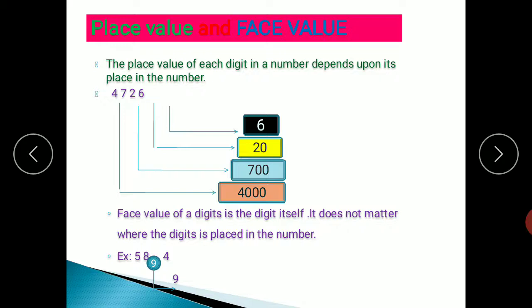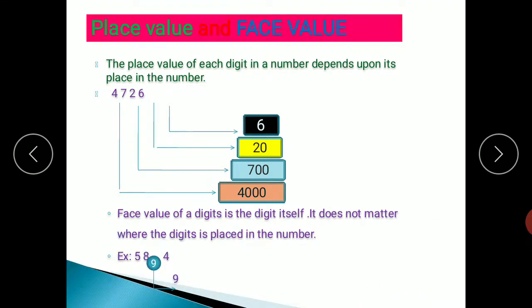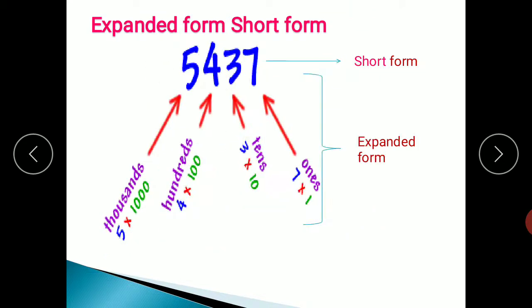Let us see the face value of 9. Here I have shown one example. The face value of 9 is 9. For example, if you take 8, its face value will be 8 only. Now move to the next one.